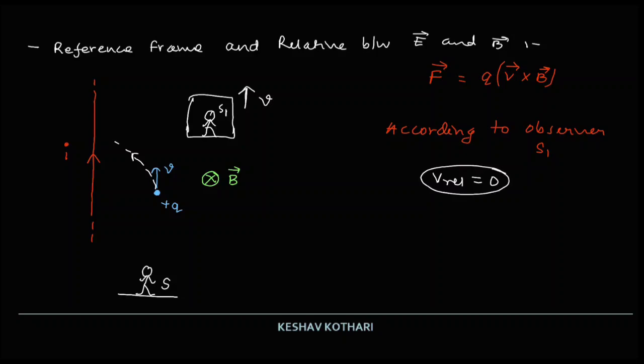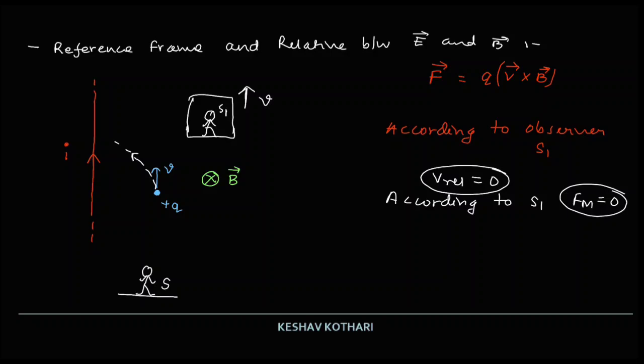And if the relative speed of the charged particle is 0, then according to S1, there is no magnetic force acting on this charge because V itself is 0. But S1 will also observe the charged particle to be moving in the deflection direction as shown.